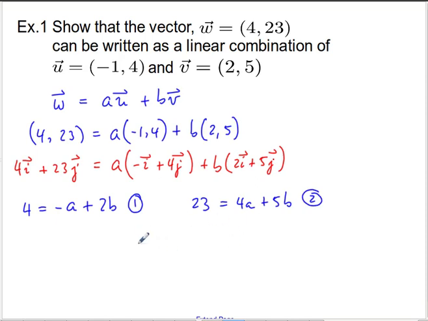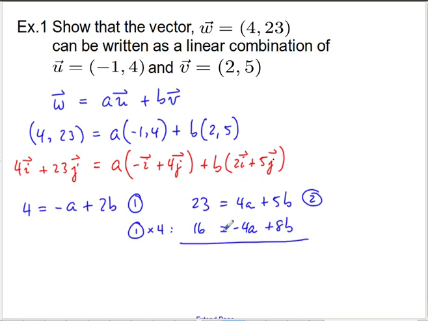Usually I find elimination is preferable. So what I'm going to do is take equation 1 and multiply it by 4. I can see my equations are already in the same form. So equation 1 times 4 gives me a 16 here, 4 times negative a gives me negative 4a, which is what I was really interested in there, and 4 times 2b gives me positive 8b.